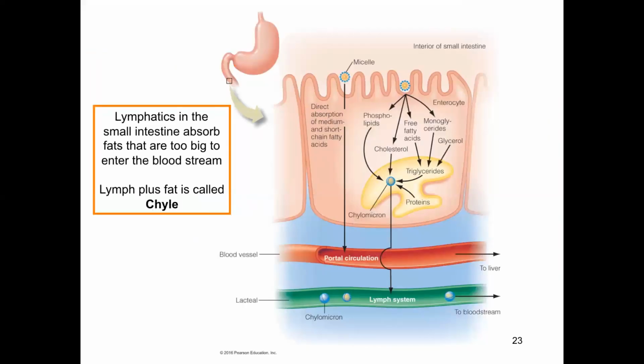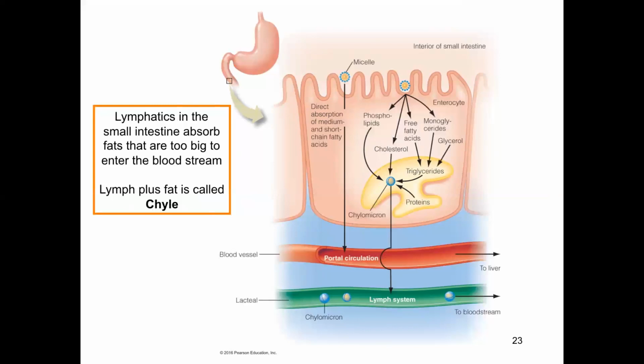The way fats are processed into these structures called chylomicrons, I'll talk about later when we do digestive, but these fats are too large to fit into the bloodstream, but they are able to fit through the endothelial cells of the lymphatics. So in the digestive system, these lymphatics are actually called lacteals, and they collect these fats.